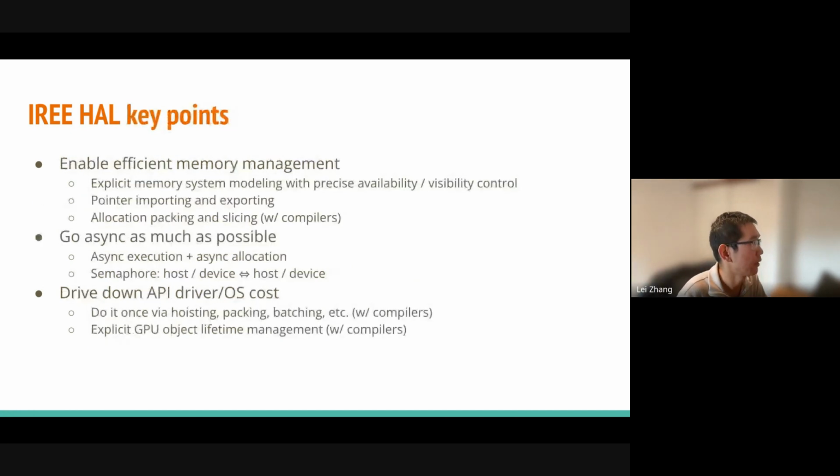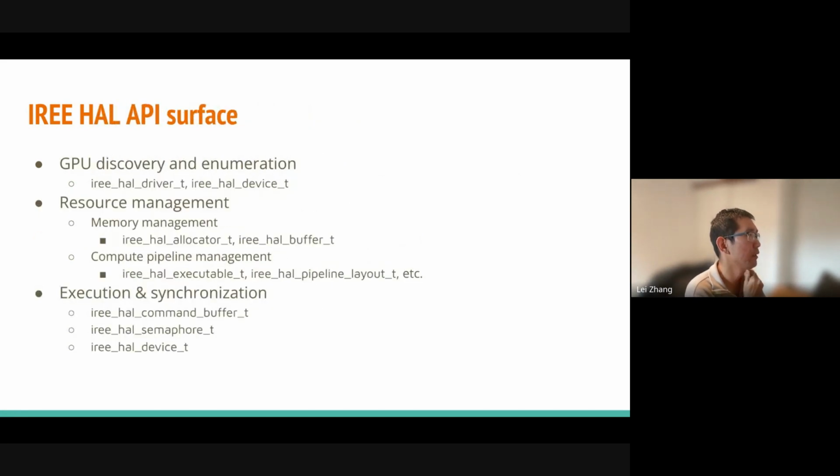So with that said, we talked about the key design points and the goals we are trying to achieve, and now we're going to move to the code, the concrete implementations, and the whole API surface at a higher level. The HAL has a few core responsibilities.